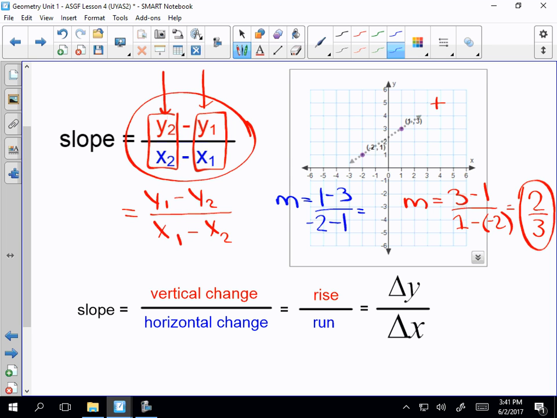Now, this is going to look like it's different initially, but it's going to simplify to give us the same answer. 1 minus 3 is a negative 2. Negative 2 minus 1 is a negative 3. Notice that we have the 2 negatives that will work out and divide out to give us a positive slope.